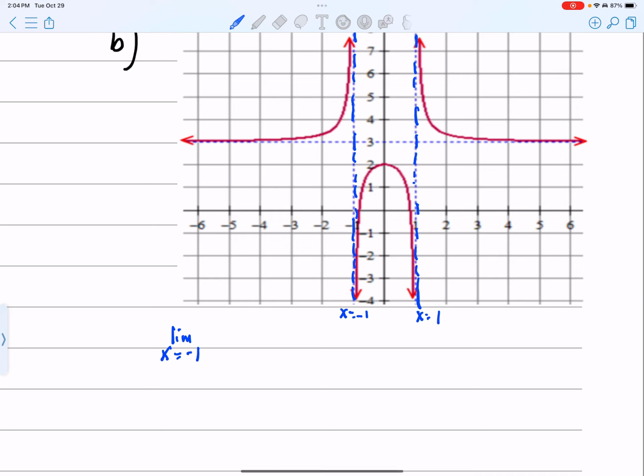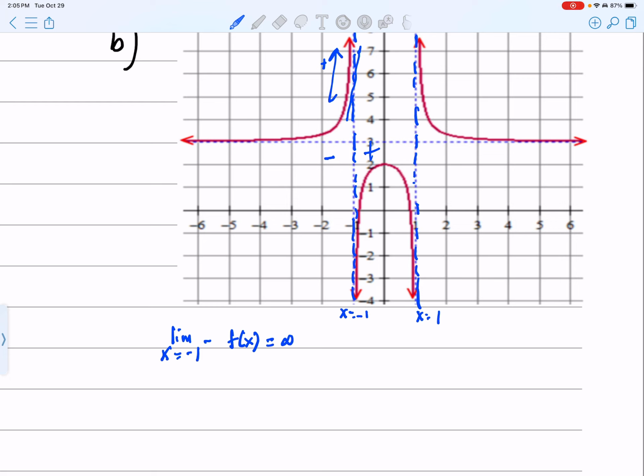From the left. What happened to the function? This is the left of negative 1. This is the right of negative 1. So in the left of negative 1, look at the direction. It goes up, right? That means the function equals positive infinity.